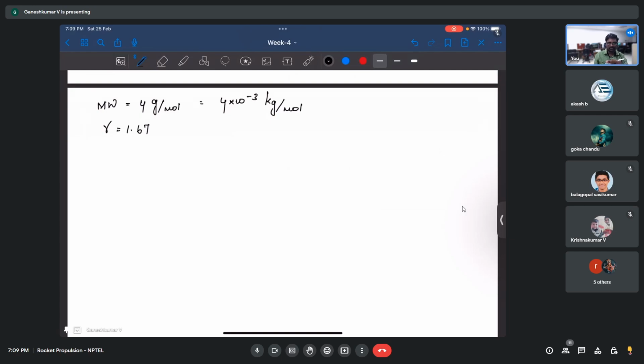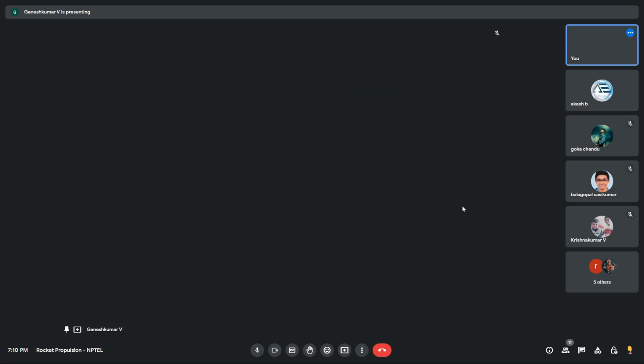This is the correct way to substitute in the relation. Is this how you substituted? Yes, sir. The answer they got and the answer I got were entirely different. Solve that here.